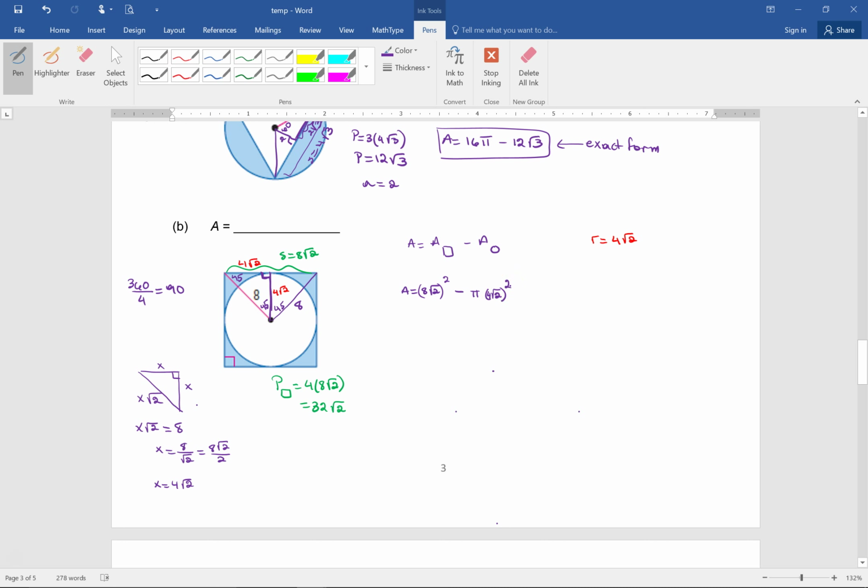Lots of squares here. So this is 64 times 2 minus pi times 16 times 2. So this is 128 minus 32 pi. That's the answer in exact form.